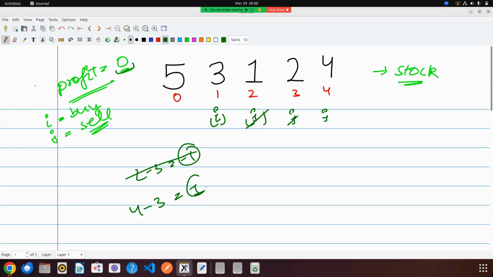The profit we can achieve is 1, which is better than this profit, right? So we are going to update this profit value. So now the profit value will be 1. Okay, again, J is exhausted. So let's increment I now.